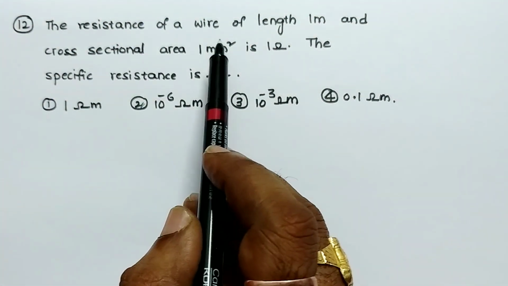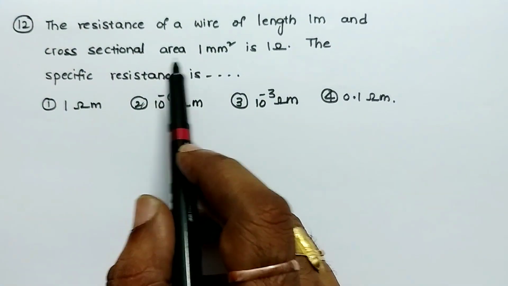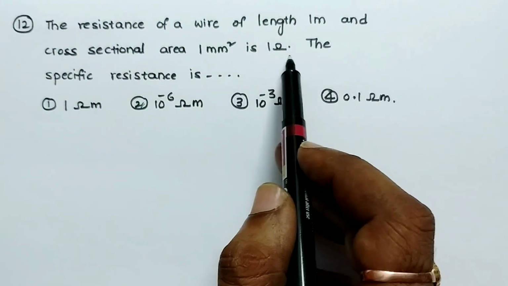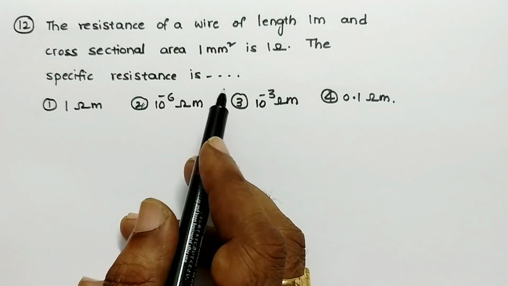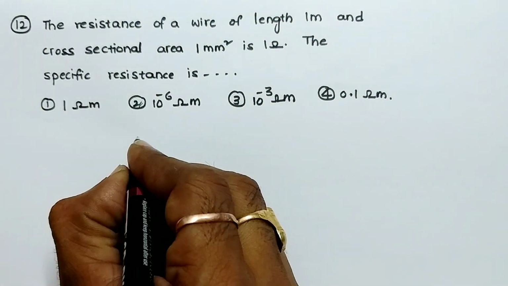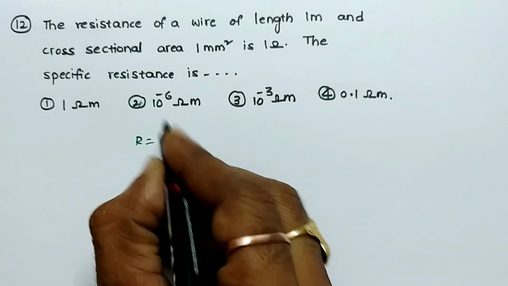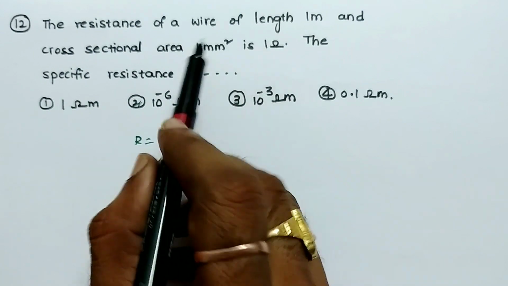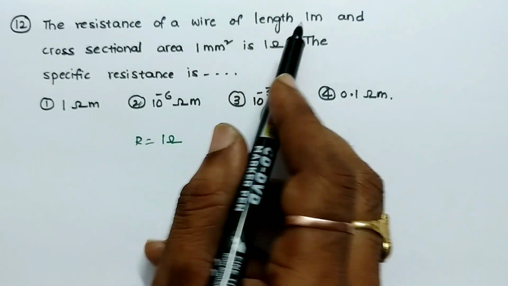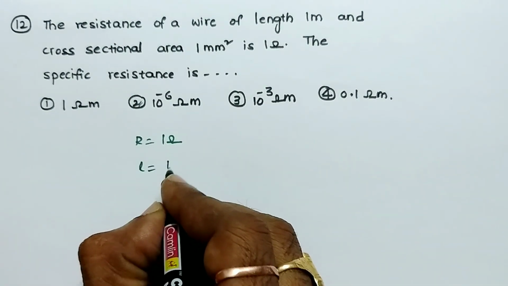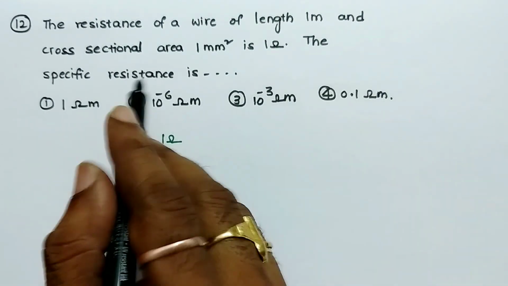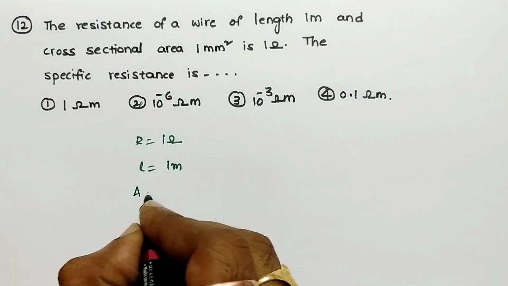The resistance of a wire of length 1 meter and cross-sectional area 1 millimeter square is 1 ohm. The specific resistance is asked. Here it is given that resistance R is 1 ohm, length L is 1 meter, and cross-sectional area is 1 millimeter square.